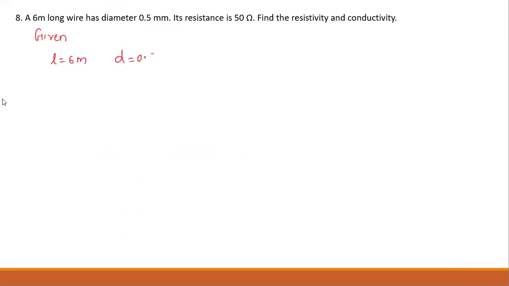Diameter is 0.5 millimeter, so radius is half of this, 0.5 divided by 2 is 0.25 millimeter, that is equal to 0.25 into 10 raised to minus 3 meter. Resistance is 50 ohm. Now we want to find out resistivity and conductivity. Resistivity is rho, conductivity is sigma.